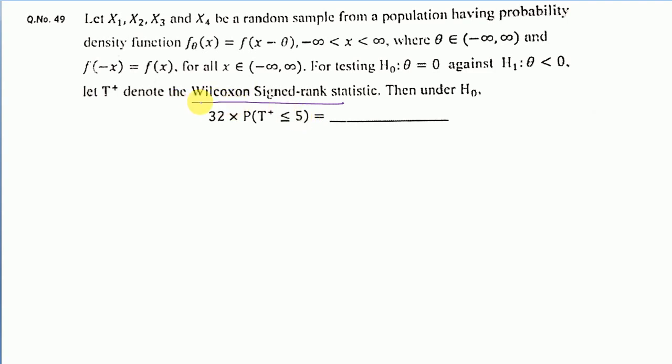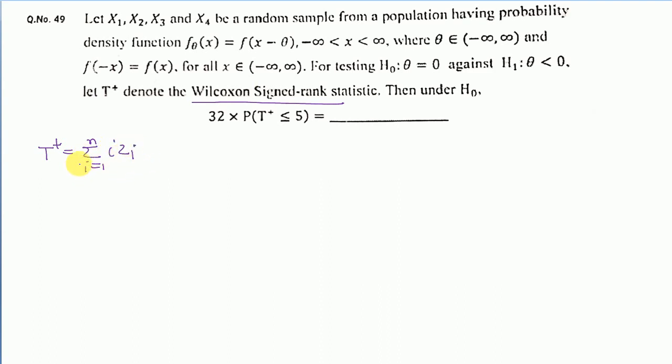See, this particular question is very easy to solve. The only thing is we must know the correct concept. First of all, you have to know what this T plus statistic is. This particular statistic has the form summation i equals 1 to n of i times zi. Now you will ask, what is this zi?